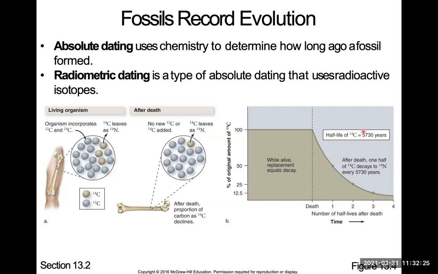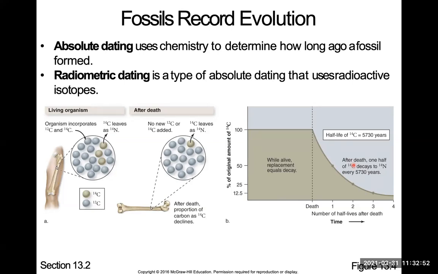So I can give you a question. Let me see. I can say I have a fossil that has a half-life of, I'm going to give you an absolute number here, maybe 5,000 years. And then I can ask what percent of carbon-14 will be remaining after 10,000 years. Can you guys answer that?